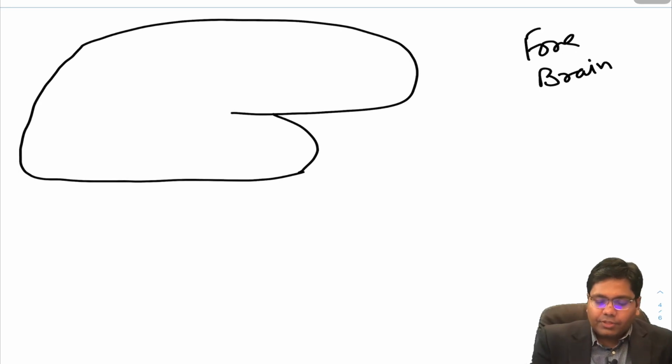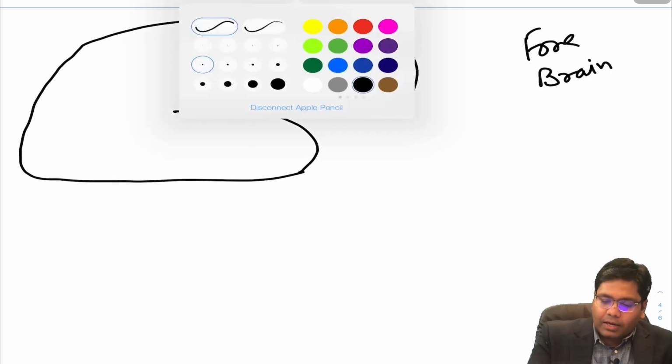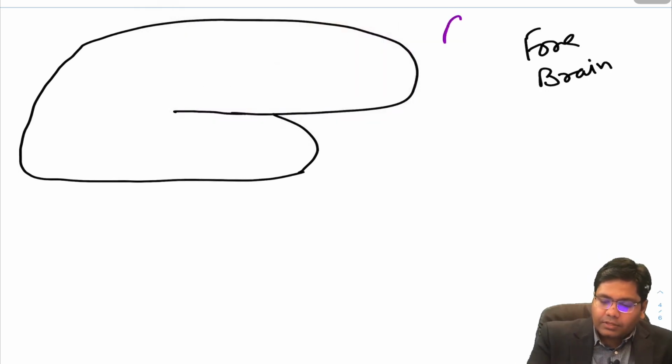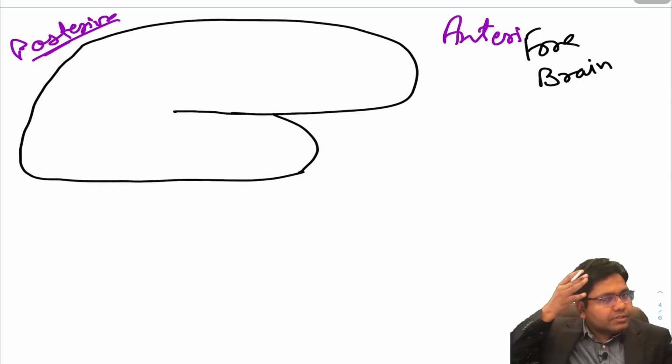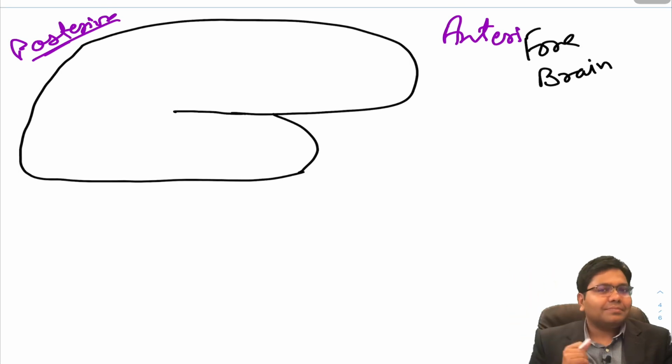If you see this structure, this is the lateral view of the brain, and this part is anterior and this is posterior, and we are looking at this structure from the lateral side.